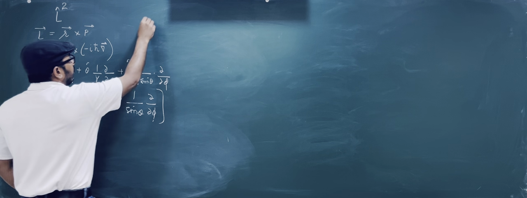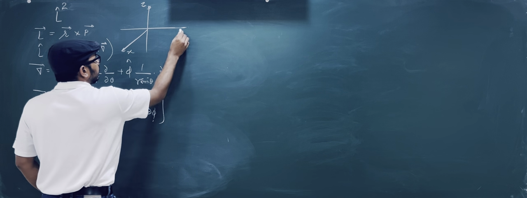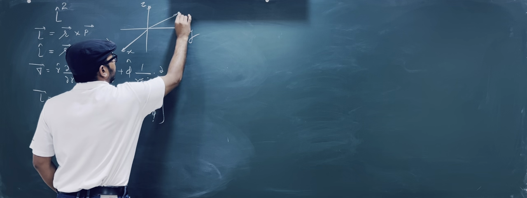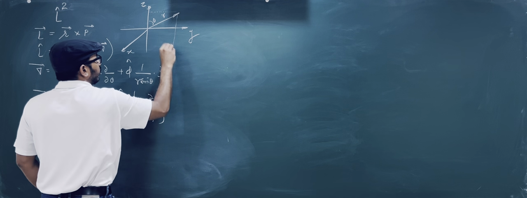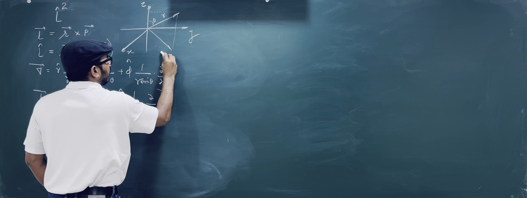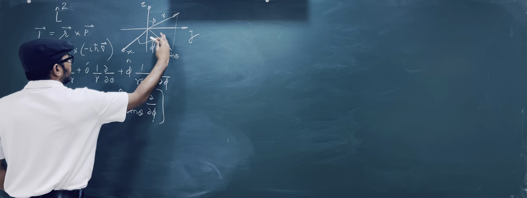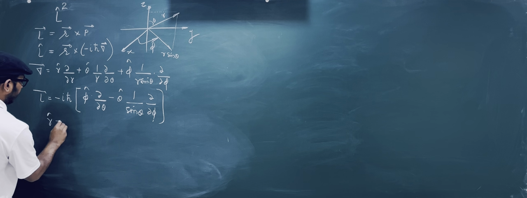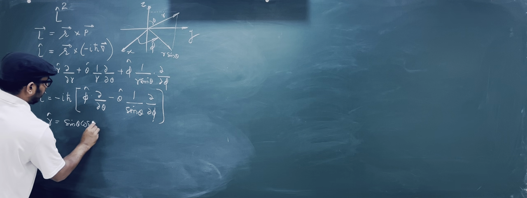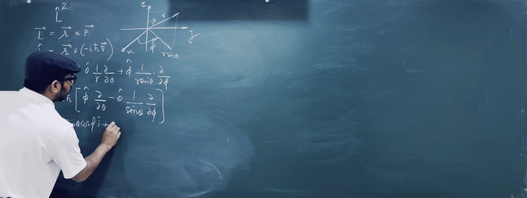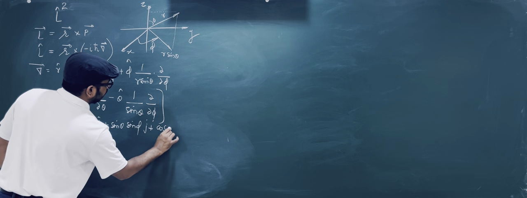From spherical coordinates, let's say this is Z, this is X, and this is Y. Let's say this is vector r, and this is angle theta. Then this will be r cos theta, and the projection here will be r sin theta. As this angle phi is the azimuthal angle, this term becomes r sin theta cos phi. So r cap, taking the unit vector, is sin theta cos phi i cap plus sin theta sin phi j cap plus cos theta k cap.